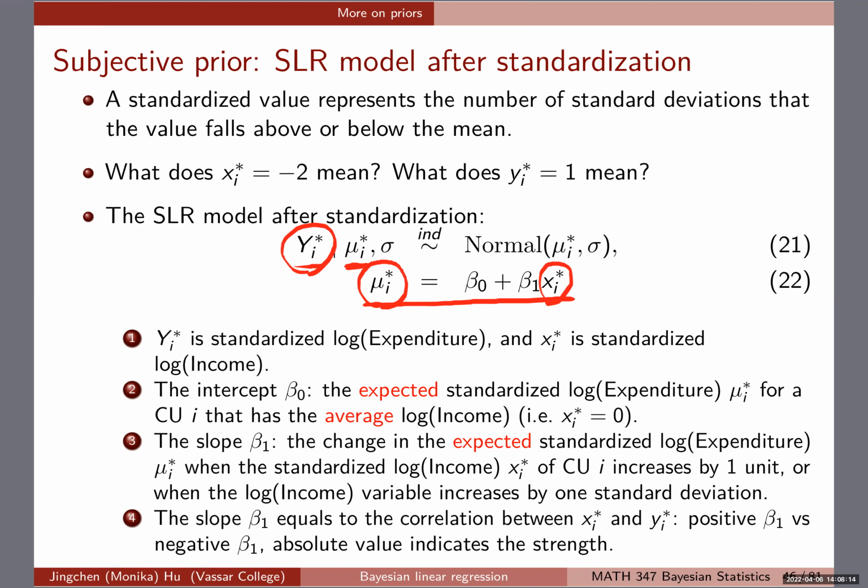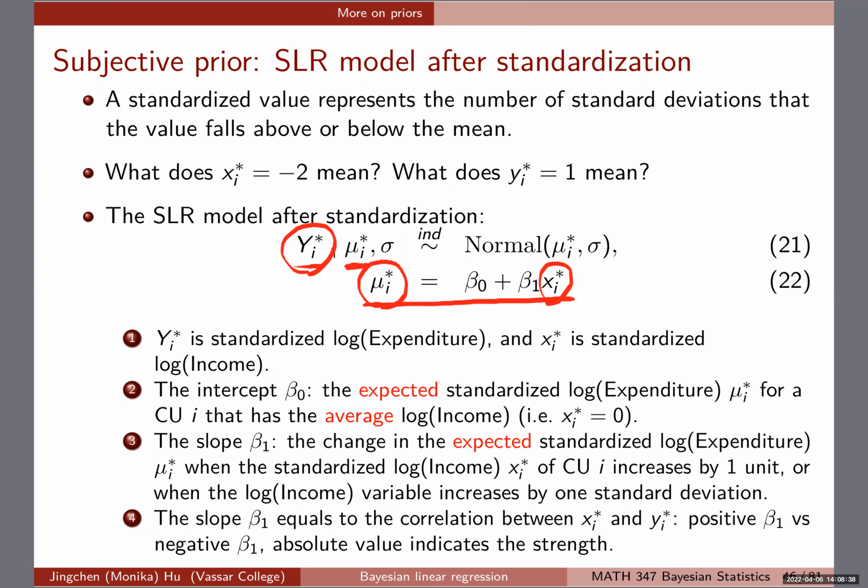So you can see that the model, even though notation-wise it looks very similar to what we had on the unstandardized data, has beta 0 and beta 1 whose interpretation is now totally changed. For example, the intercept right now will be the expected standardized log expenditure for a consumer unit that has the average log income.